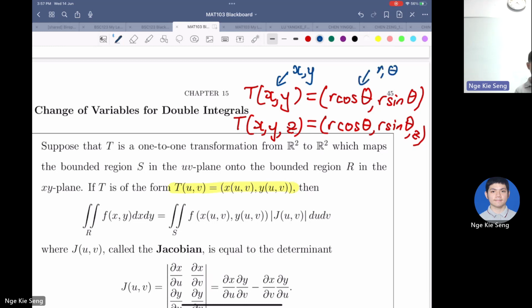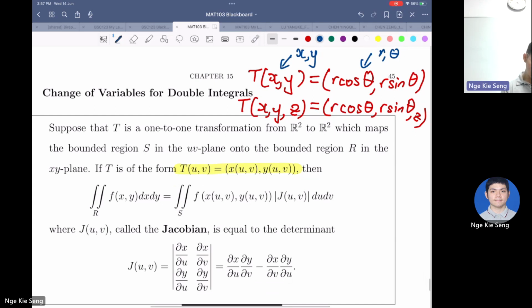You need to consider all the pairs. Let me think how to say it more precisely.